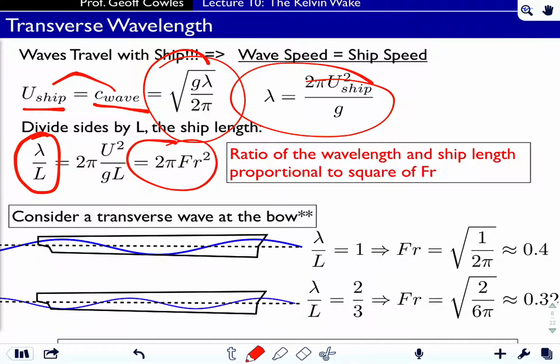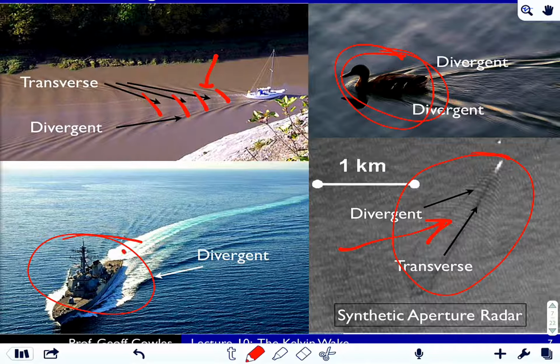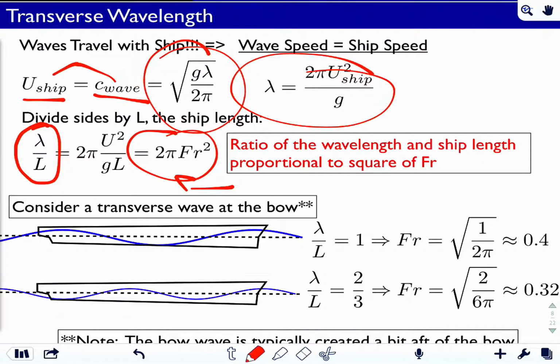So that comes back to this concept that we can look at a duck and a boat, and if we look at their waves, the wave train that they're making, in particular the transverse waves, and the ratio of that transverse wavelength to their size, which are very different, but that ratio will be the same if they are operating at the same Froude number. So this is the key non-dimensional relation here.